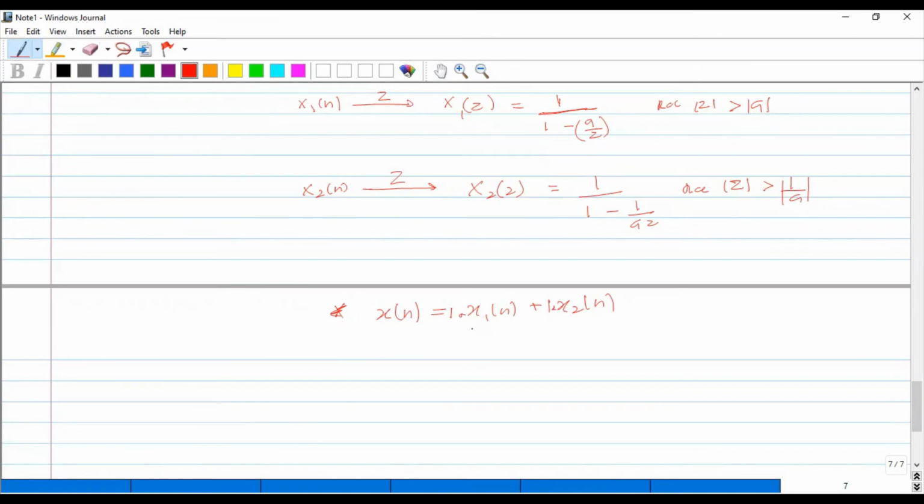So we have the z transform of this signal, and we have the z transform of the other signal.